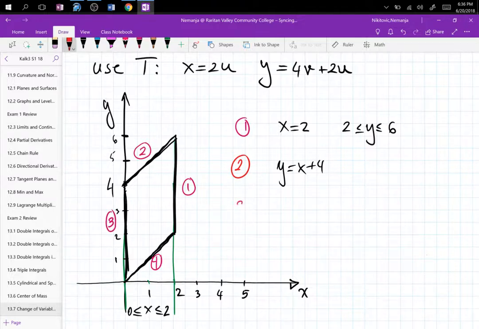Line 3 is going to be x equals 0. You don't need a boundary for... oh, yeah, I do. Bounds are 0 to 2.